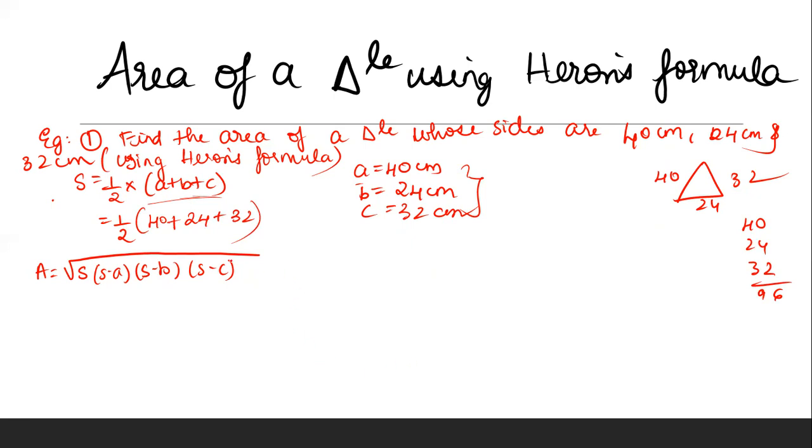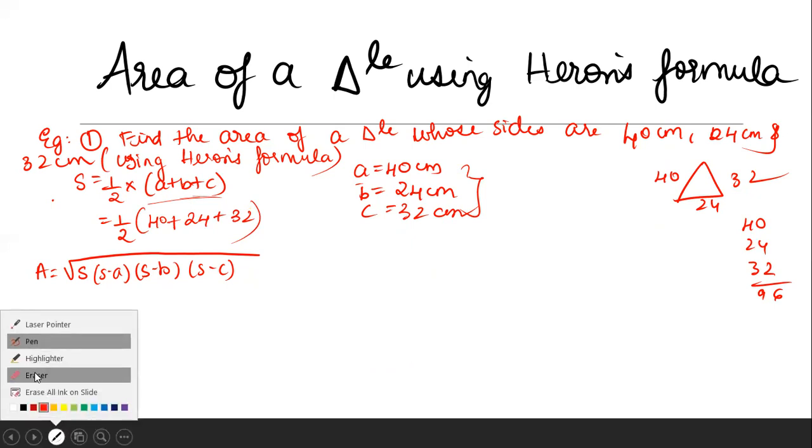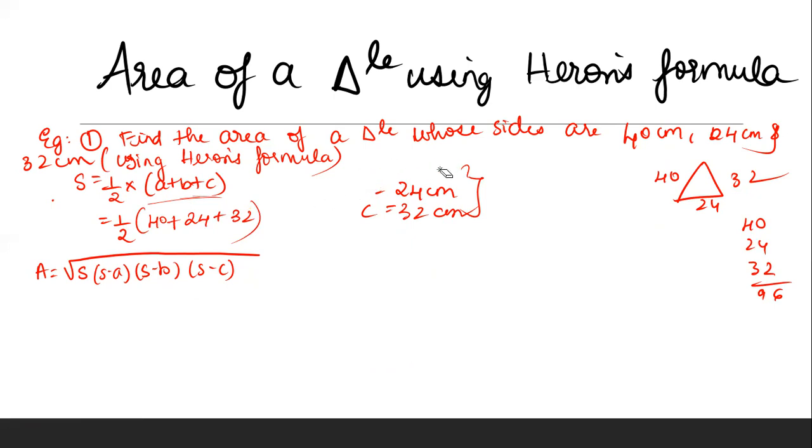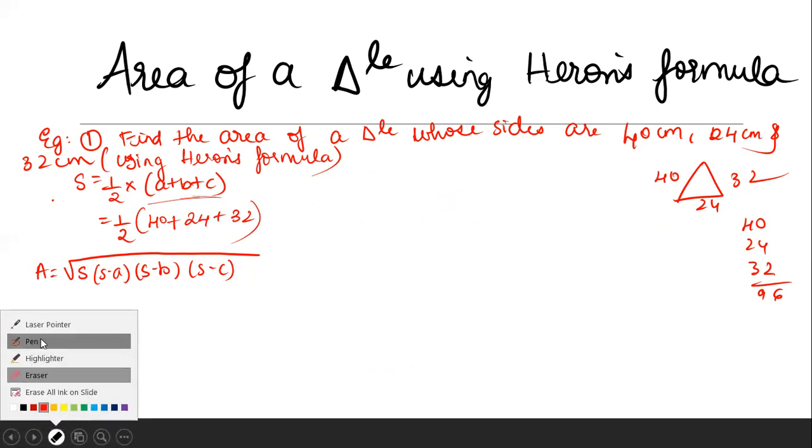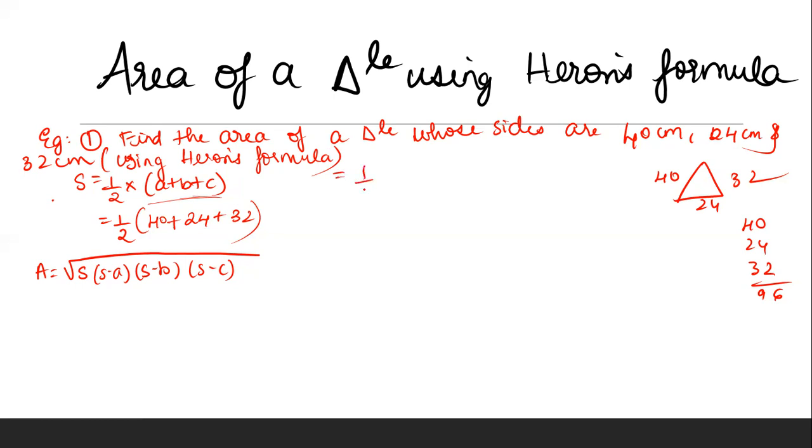Now let's take the half of this, half of 96. So what will we get? 48 centimeter. So we found the semi-perimeter, which is 48 centimeter.